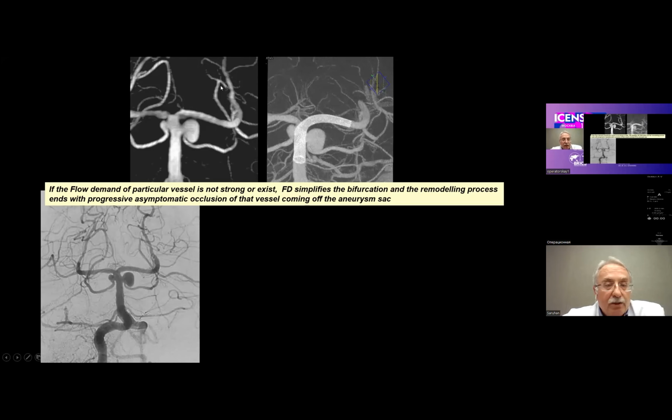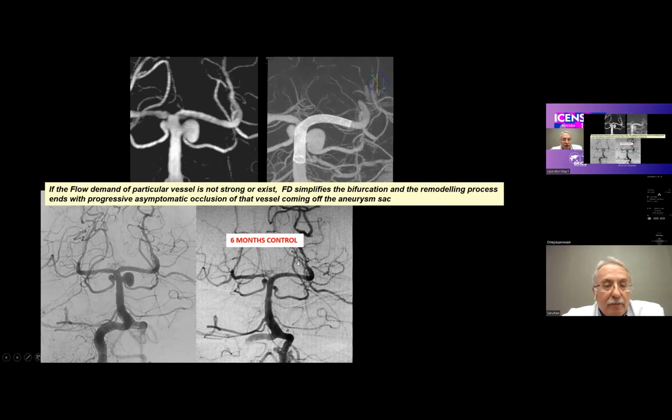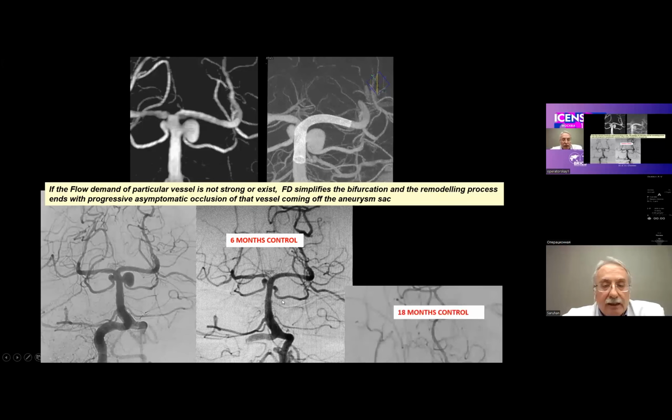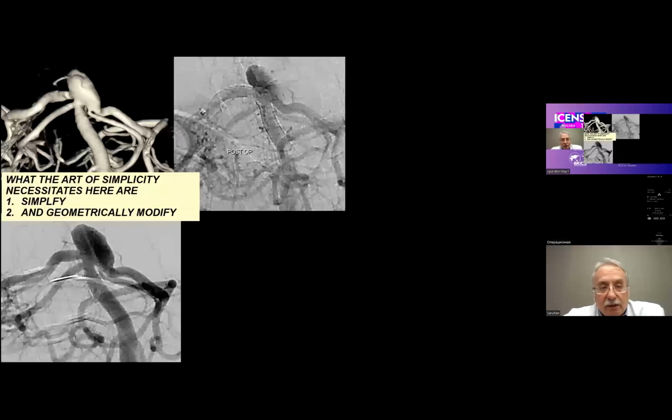Like in this superior cerebellar artery, the flow diverter is simply placed with one PCA, and 6 months later, both aneurysms are getting reverse remodeled, and when you look at 1.5 years later, there is a progressive asymptomatic occlusion of both these vessels because they are filling retrogradely from the collaterals. So then we call it a different occlusion.